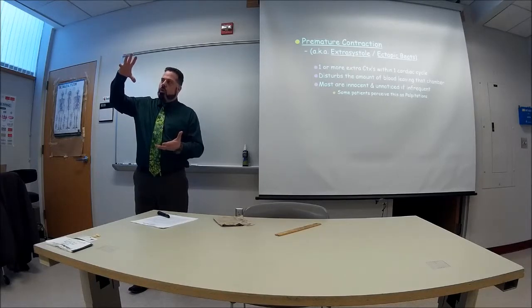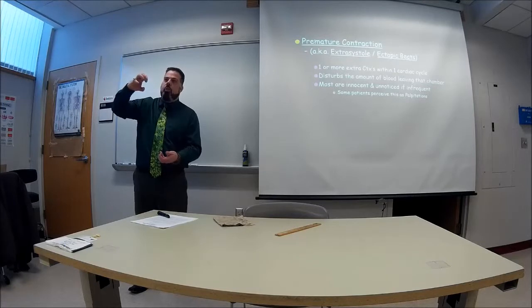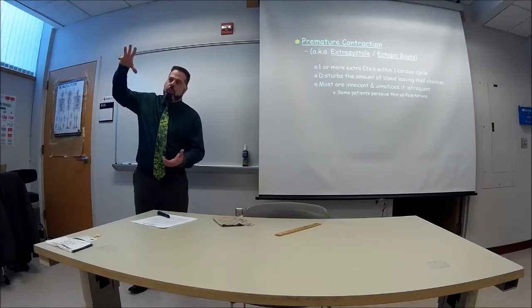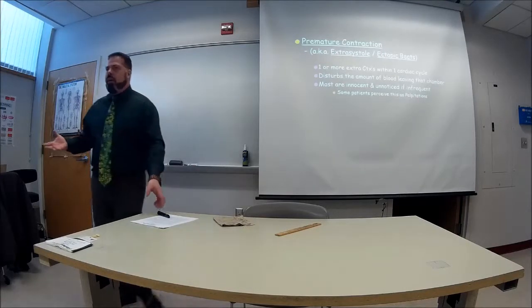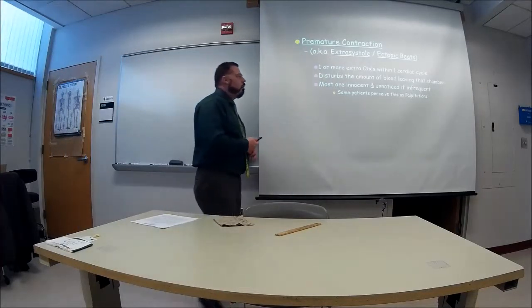I'm going to do this very slowly so you can see it. This is going to receive, now this is going to contract, but as this is contracting, the atria is going to contract again. It's uncoordinated. Does that make sense? Okay? So it disturbs the amount of blood leaving that chamber.